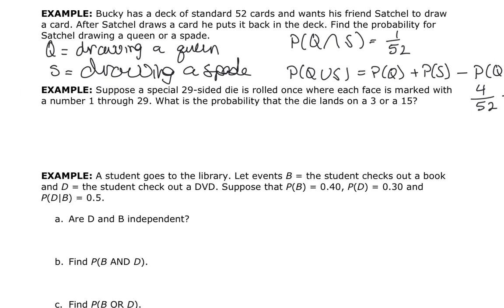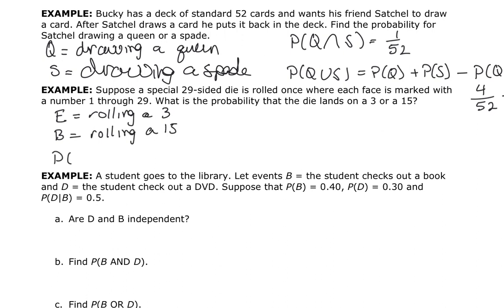Now suppose we have a special 29-sided die that's rolled once, where every face is marked with a number between 0 and 39. And let's assume it's a fair die. What is the probability that the die will land on a 3 or a 15? So we ask ourselves, are these mutually exclusive? And the answer is yes. Rolling a 3 or a 15, there is no overlap. So in this case, I'll say E is rolling a 3 and B is rolling a 15.